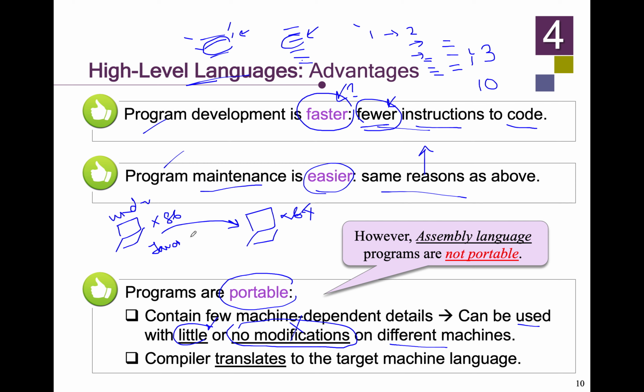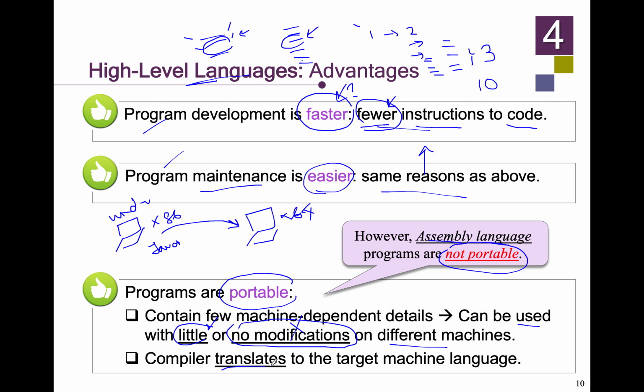But when you are using assembly language, there are big differences that you need to deal with, especially in the modification of your source code. That is why assembly language is called not portable.